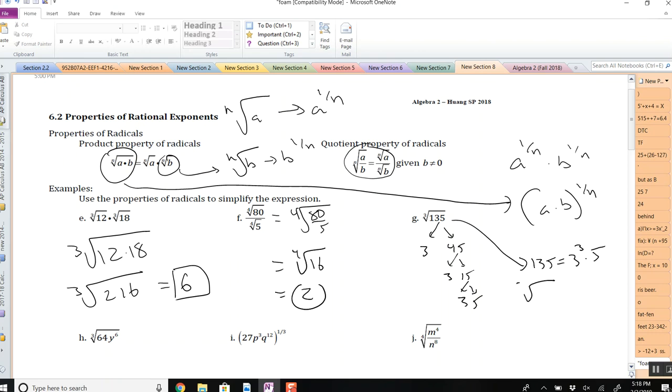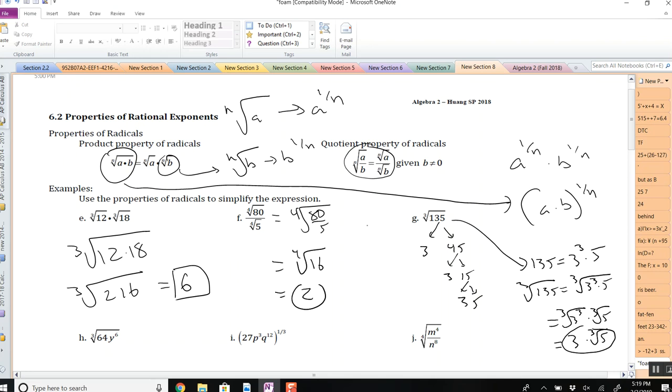So when I take the cube root of 135, I'm really taking the cube root of 3 cubed times 5. If I break it up, the cube root of 3 cubed, those are just going to cancel each other out because that's the cube root of 27, which is 3. And you get that.